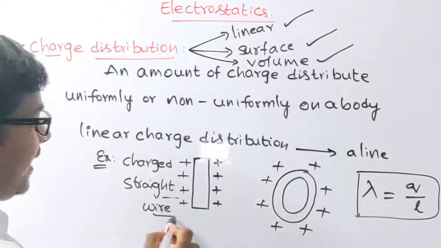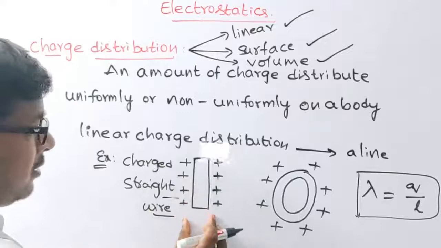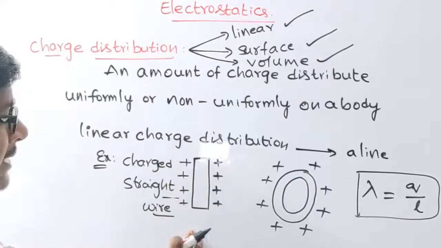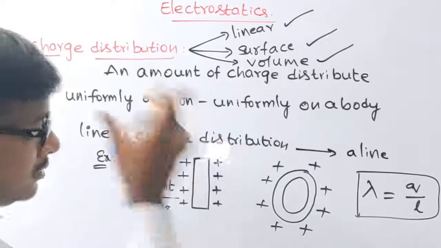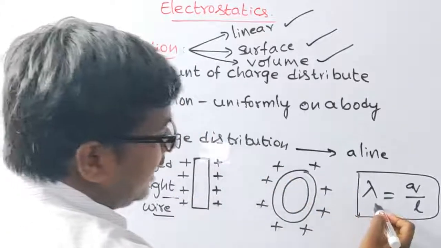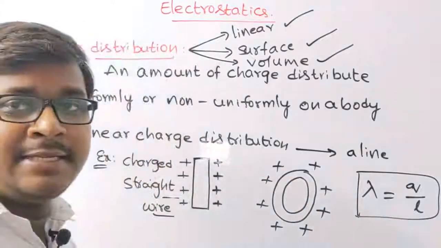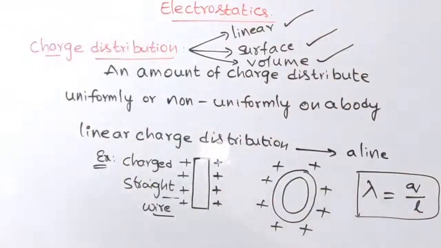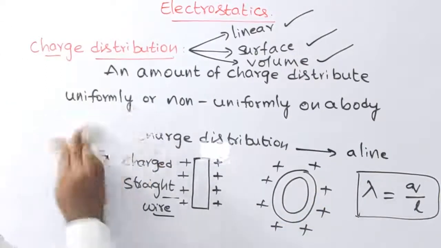In a charged straight wire, this is only a straight line, and both sides have positive charges. It is indicated that lambda is equal to Q by L, that is charge by length. The charge distribution on a line is called linear charge distribution.